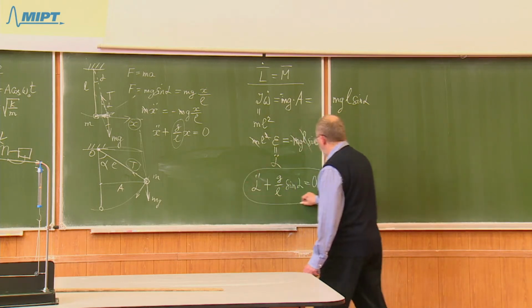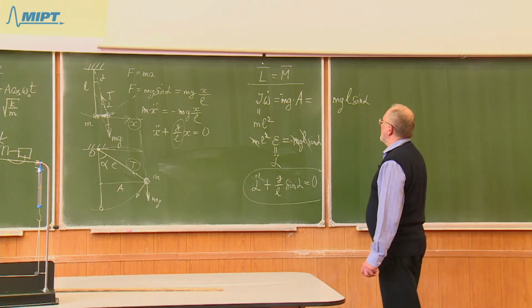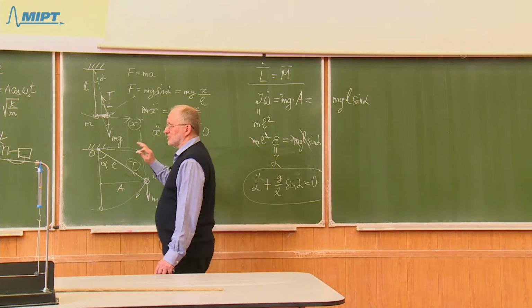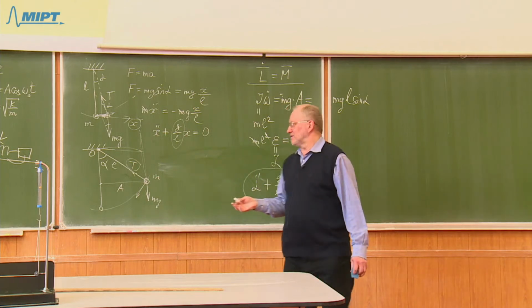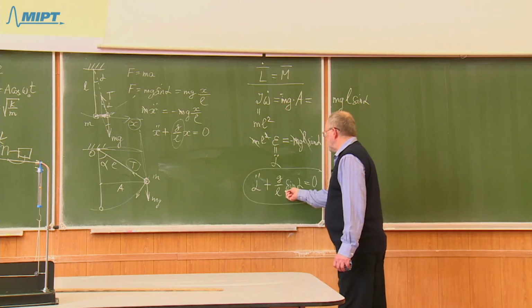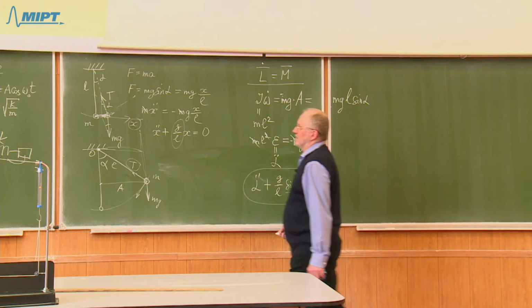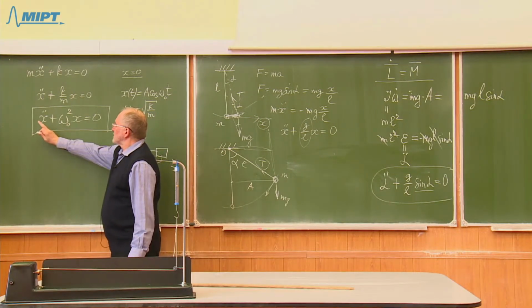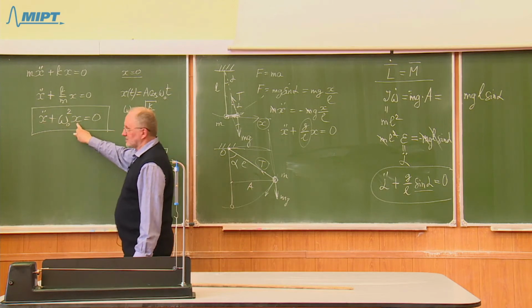This equation was derived without any approximations, without neglecting anything. And instead of alpha, I have sine alpha. In the equation of harmonic oscillations, I have the second derivative of x and x.